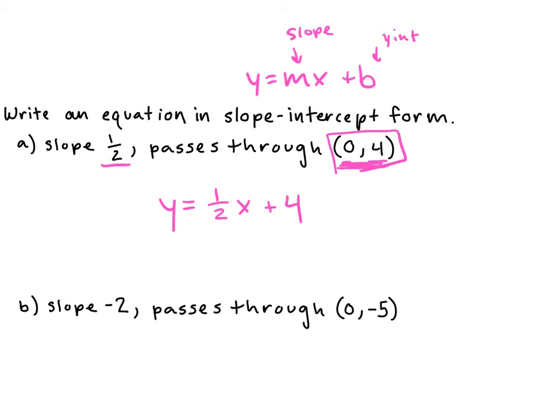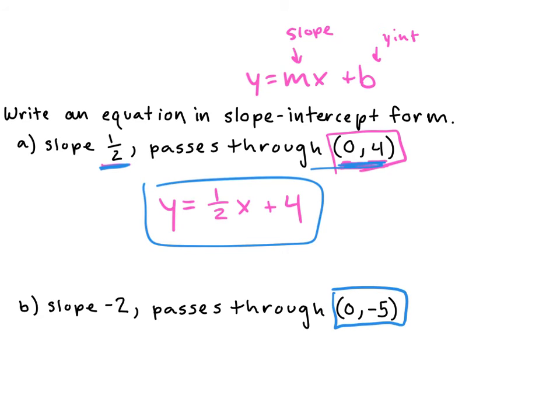Any questions on this one? All right, let's look at numbers. This is the answer. That's it. All we had to do was plug in our slope and plug in our y-intercept. Let's look at B. What's special about this point? So -2 is our slope, so that's our m.